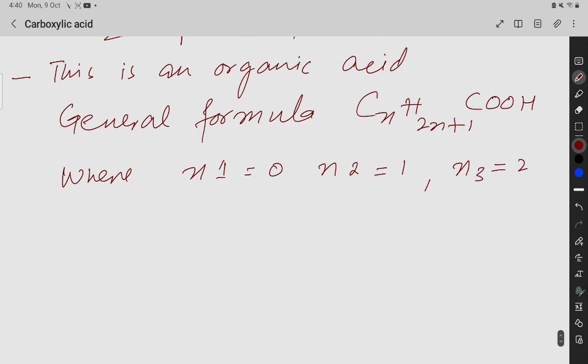Only while deriving the formula of the carboxylic acid, always take one less carbon from the acid which you are going to derive.